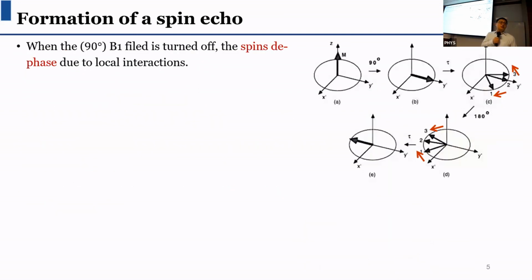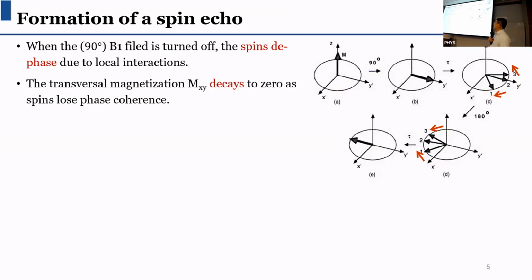Then after that is the step of the excitation. After this excitation, the spins will just experience a dephasing procedure. That means different spins will have a slightly different frequency because of the local field inhomogeneity.